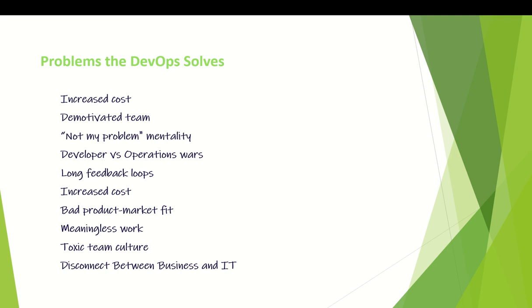Take Nokia: in the initial days, Nokia was the number one company in the mobile market, but later it went down because of not taking the right decisions at the right time. There are a lot of companies like that.